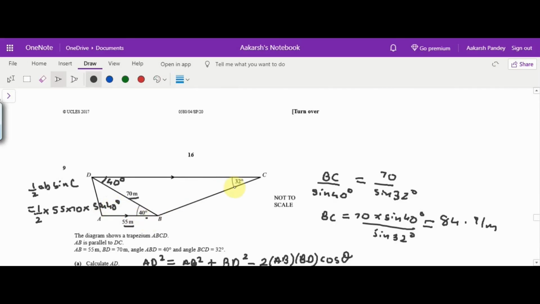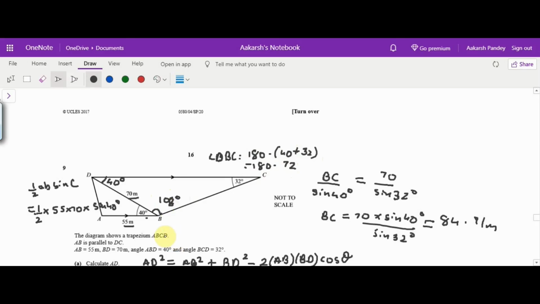Similarly, even here we can use that. I have this is 40, this is 32. I can calculate this angle DBC, which will be 180 minus 40 minus 32. So I get 180 minus 72, which is 108 degrees.